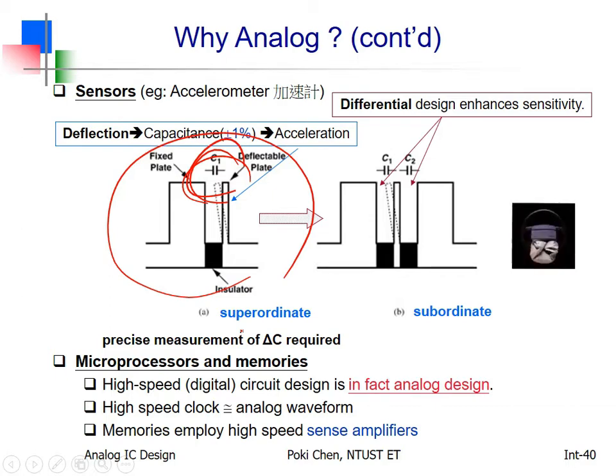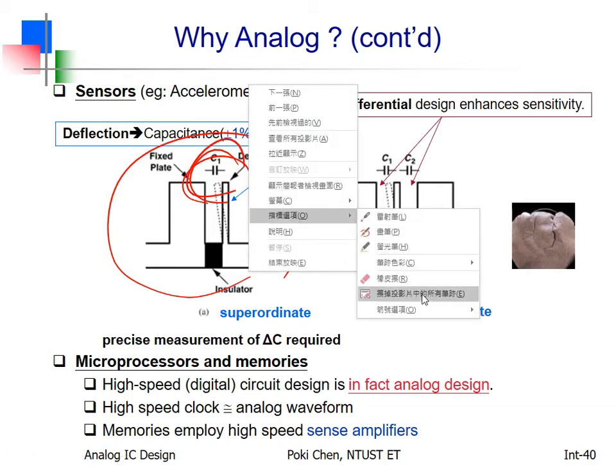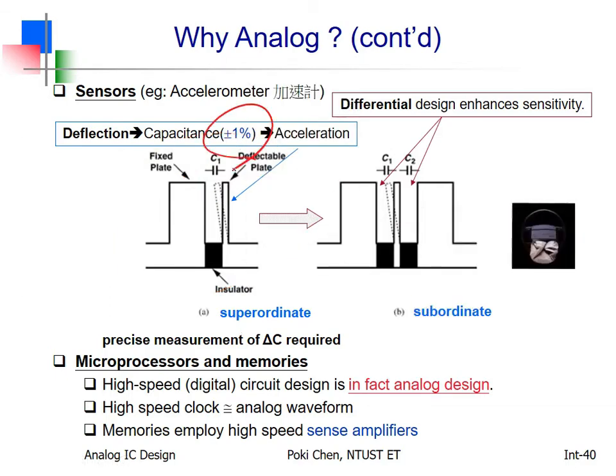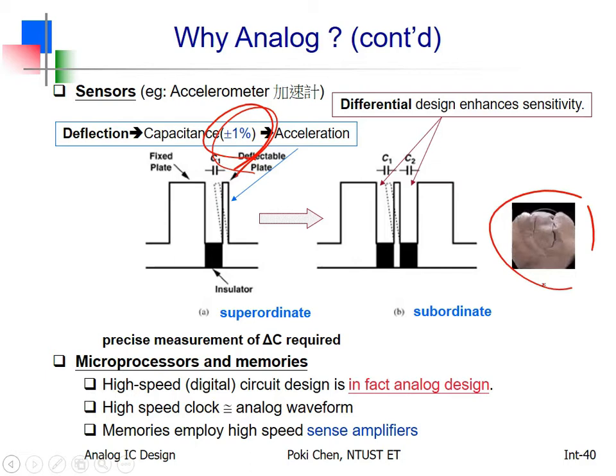Why? Because for the absolute value, the life and death is between 1%. Wow. 1% of deflection here or there, you need to decide whether or not to pop up the airbag.